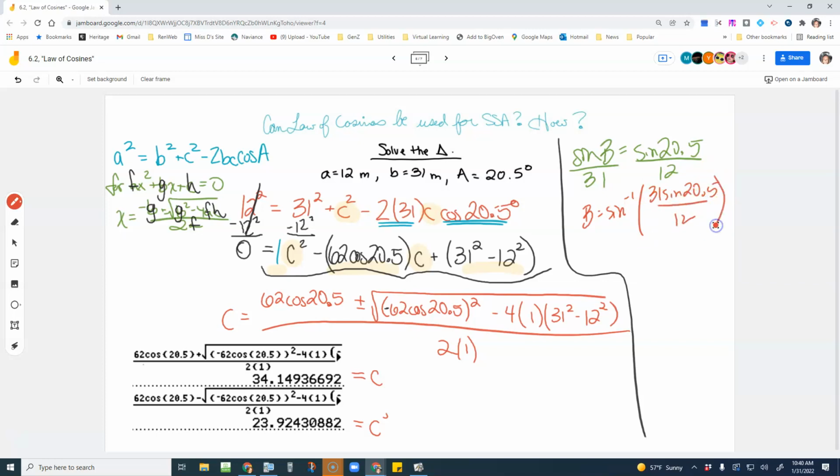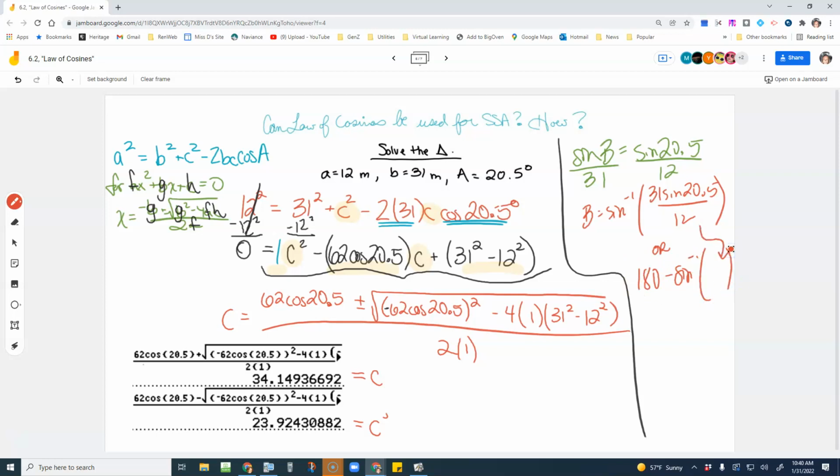Yes. Law of cosines, you get a plus or minus, so you know that you should be looking for 2. Law of sines, you don't have a plus or minus. How do you know to look, or what should you do to look for the other option? Subtract it by 180. But that's something that you have to remember.